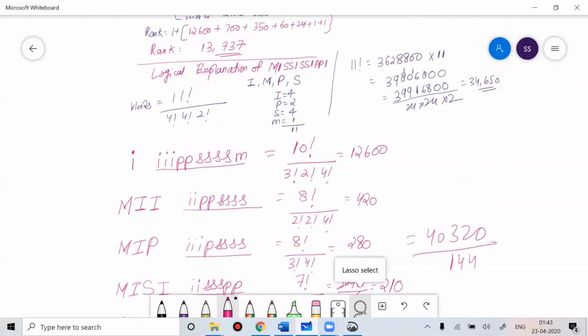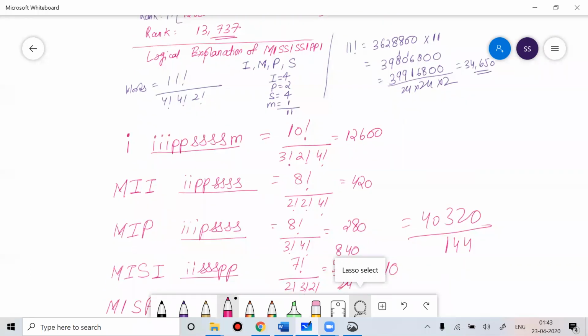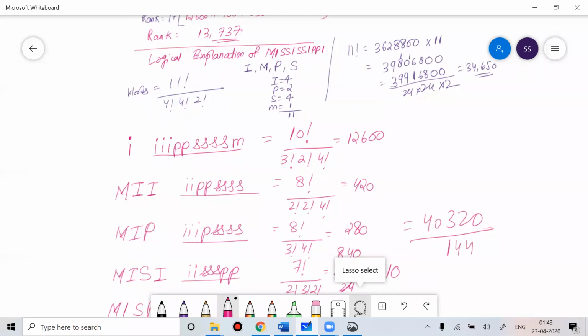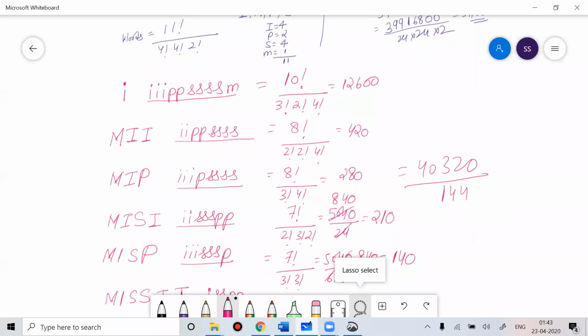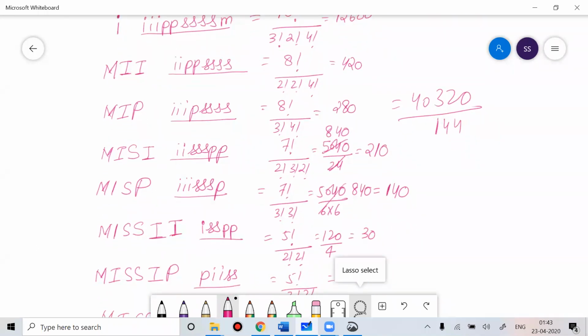So you can see this, this is 10 factorial, this is 420. This is 700, this is 700. Then 350, 350.